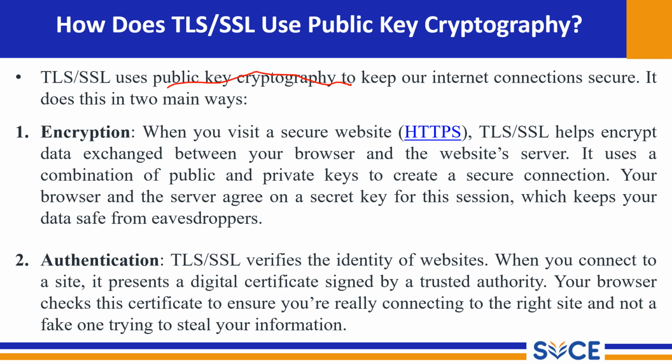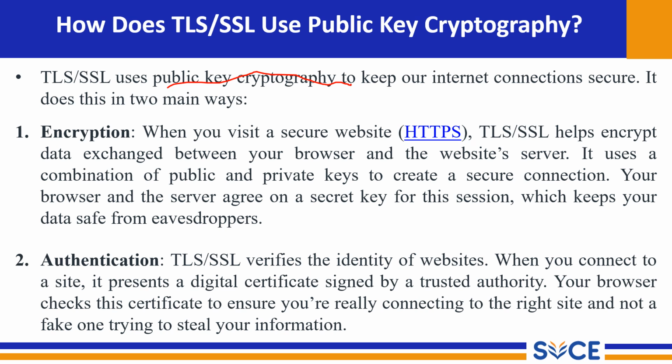Then the server sends the client its certificate and public key. And the second point, the client verifies this with a trusted root certification authority to ensure the certificate is legitimate. The third one, the client and the server negotiate the strongest type of encryption that each can support.